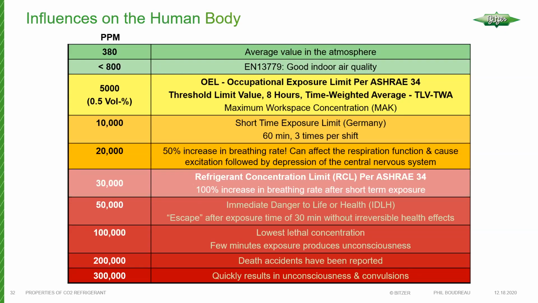Basically, the leak detection equipment in mechanical rooms would be calibrated to no higher than 5,000 parts per million, which is your occupational exposure limit per ASHRAE 34. That corresponds to a threshold limit value based on an 8-hour time-weighted average.